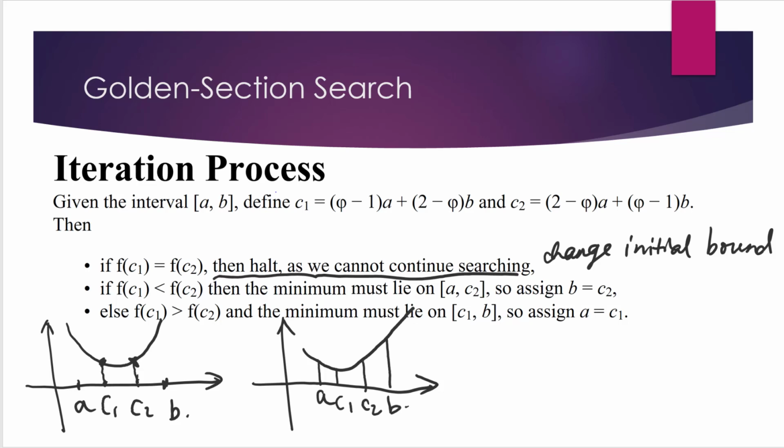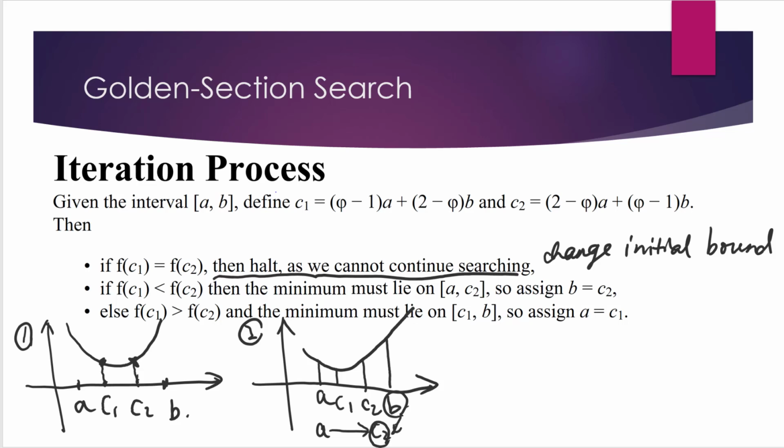So f(c1) is less than f(c2). So this is the second scenario. When f(c1) is less than f(c2), then the minimum must lie on the interval from a to c2. Then we can assign b to replace this c2, because in each iteration we always start from a to b, right?